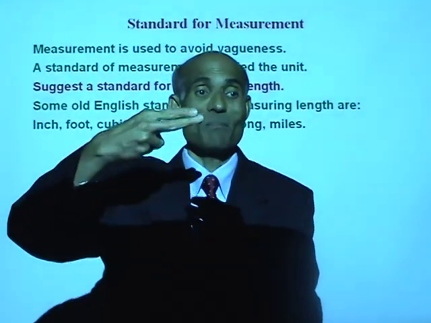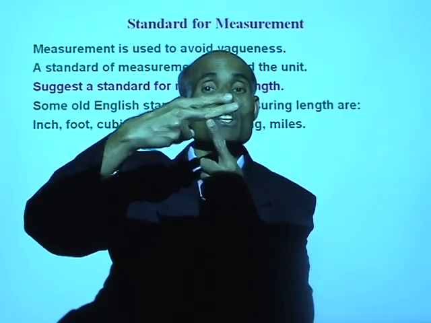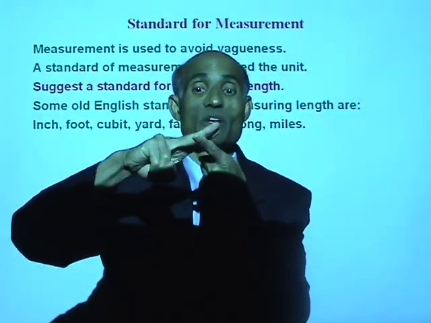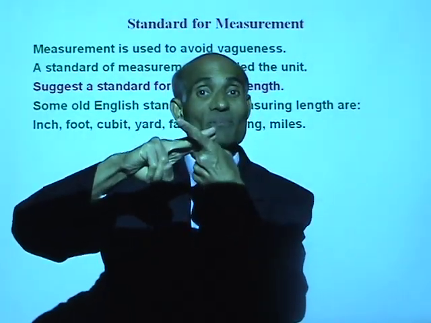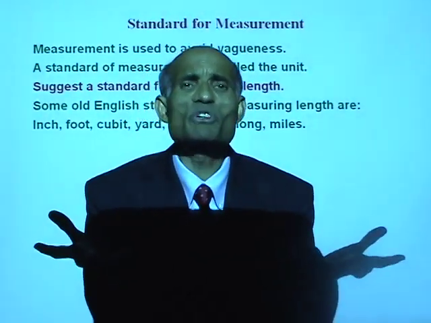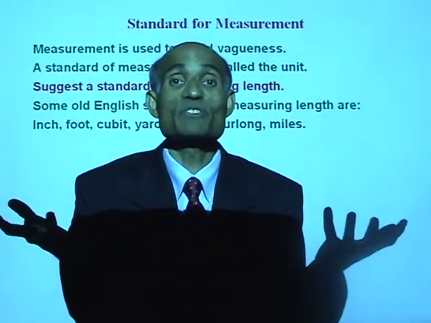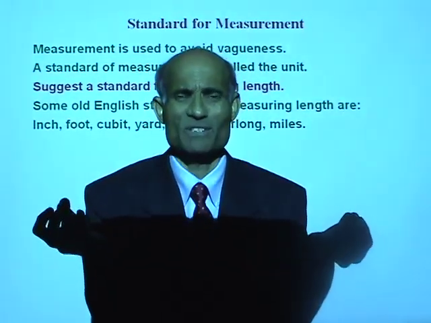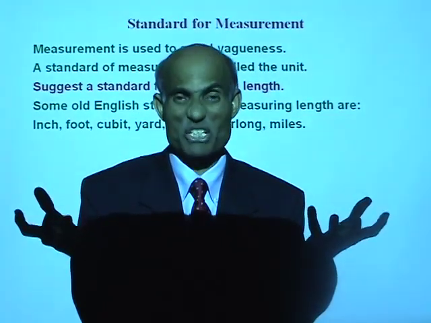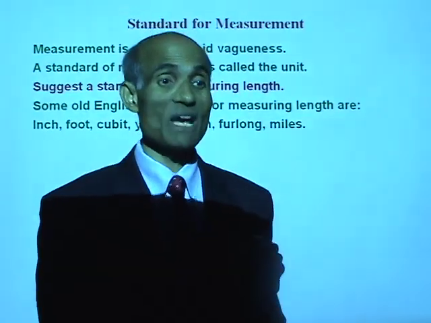I remember my father used to use the width of his 2 fingers as an inch, and it is pretty accurate. All right? And foot. Now, whose foot is going to be used as a standard? I believe in the olden days it was the king's foot. Well, is that a standard? Well, apparently that was used as a standard.